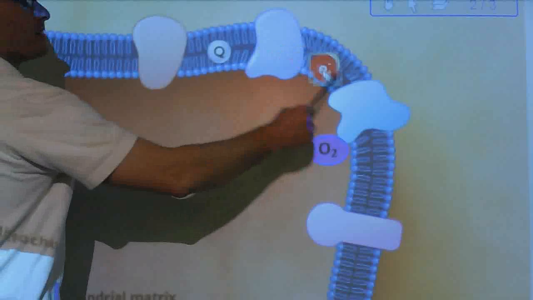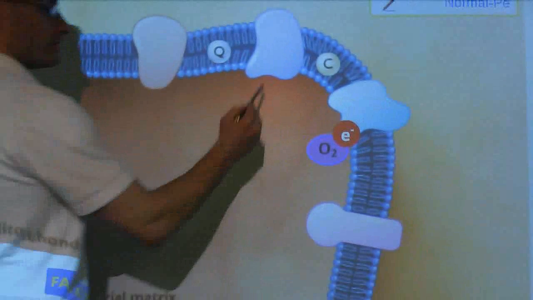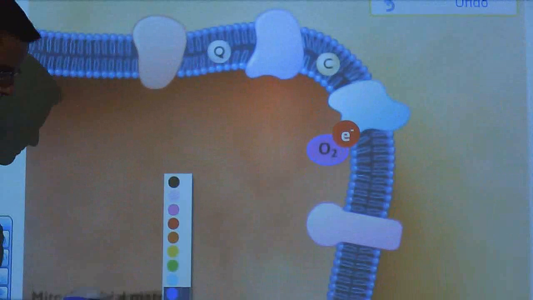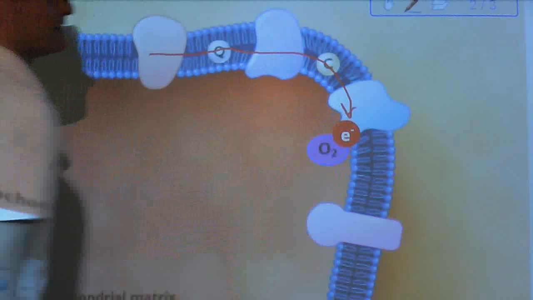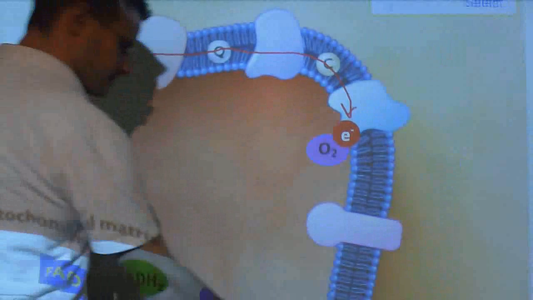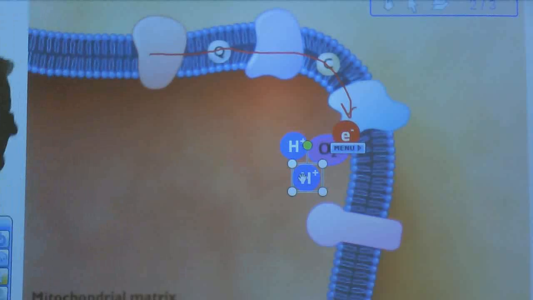Electrons going through the system, attaching themselves onto water. You can show how the path of the electrons goes from protein to protein to protein, eventually gets stuck onto oxygen there with some hydrogens to make water.